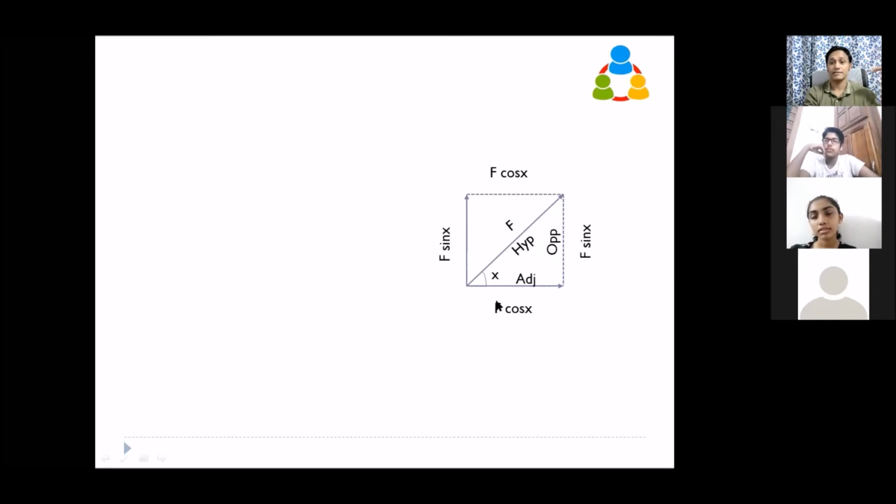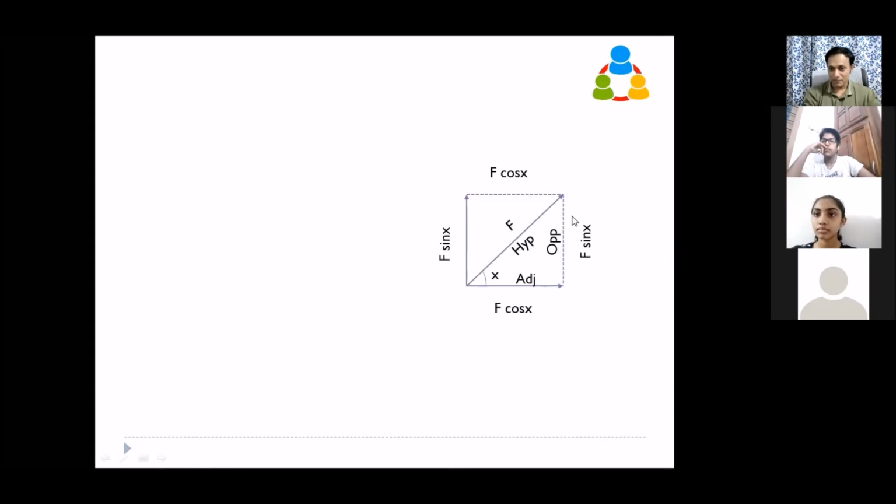Don't learn it by heart. Adjacent means drawn like this, right? Understand the concept. Adjacent is adjacent to the angle. Opposite means opposite to the angle. If you are taking this angle, then this is opposite and this is adjacent. So a triangle has three parts, right? Now, in a triangle you have the Pythagoras theorem.